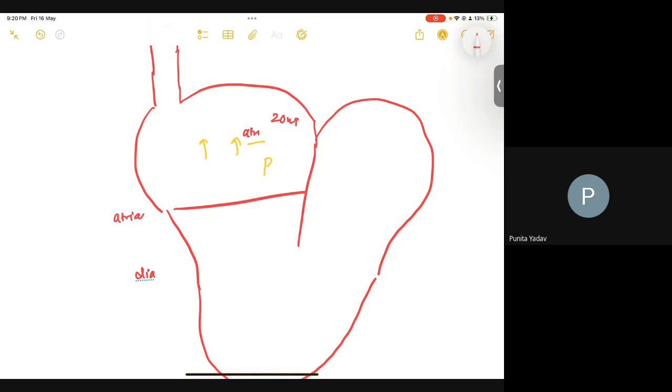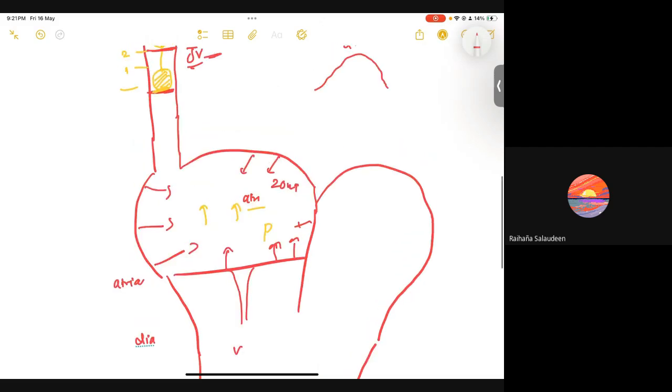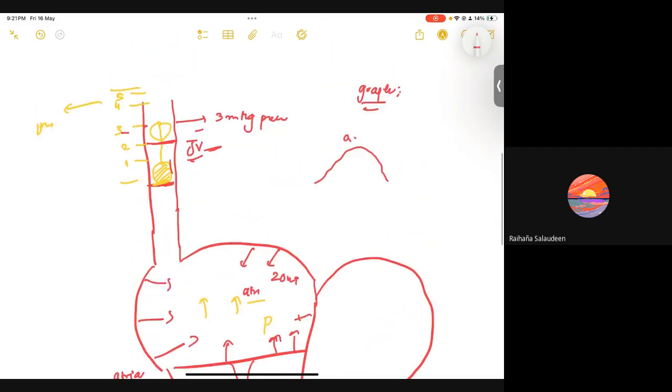Yesterday we discussed that. As the atria contract, the pressure within the atria would increase, and it would push all of the blood into your ventricles. But as the pressure is increasing here, won't this ball move up?